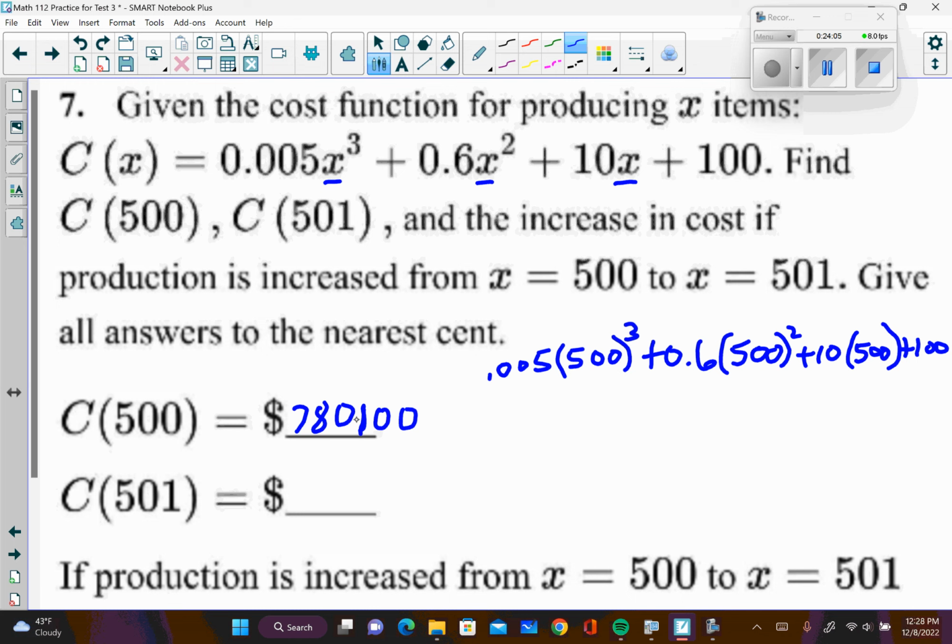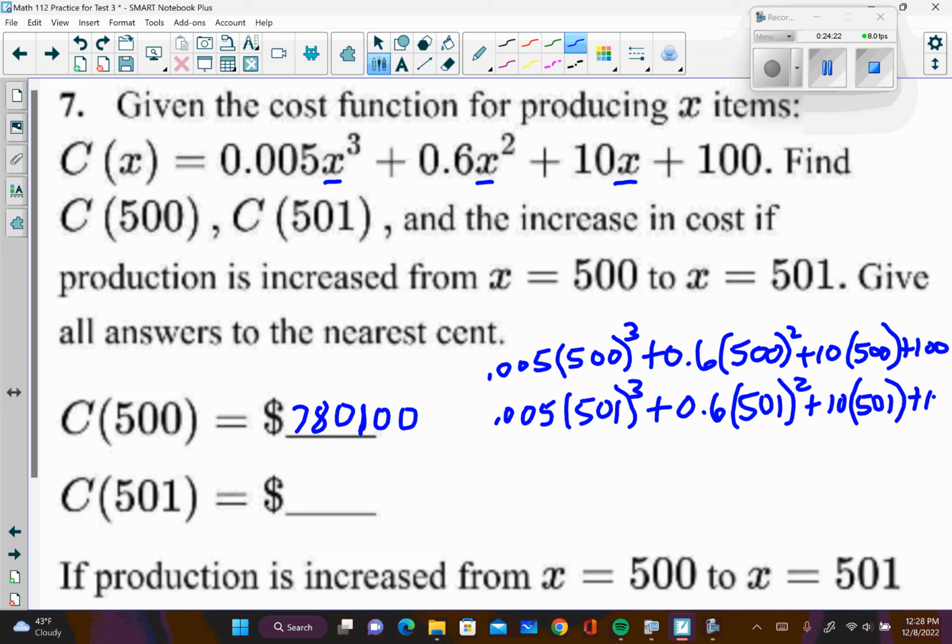780,100. To find C of 501, it's 0.005 times 501 to the third plus 0.6 times 501 squared plus 10 times 501 plus 100.